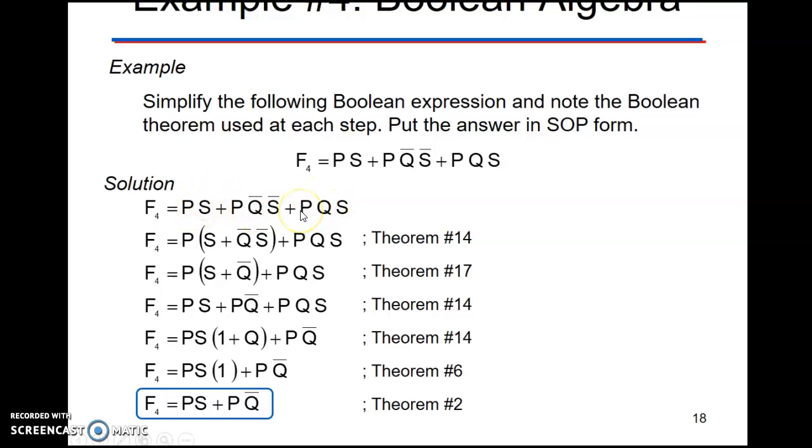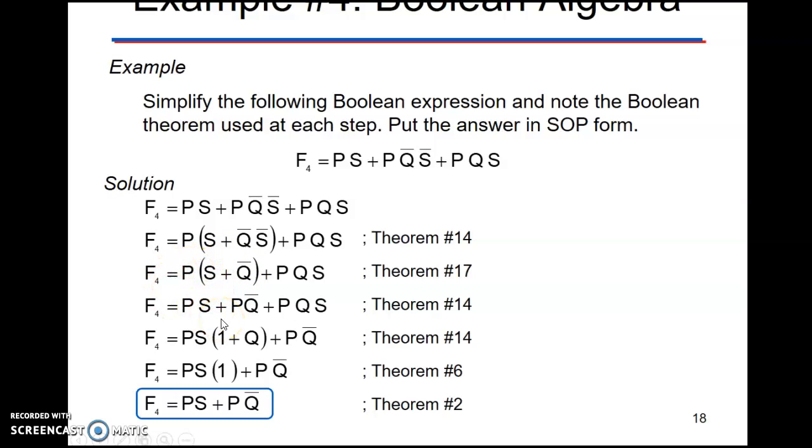The reason they did that is because if I pull out the p, it leaves me with an s or not q s. So that's very similar to what we just saw, with the q and my not s flipped, but that's okay because they mean the same thing. So what I can do is I can now drop my not s, and now I'm going to redistribute my p, redistribute my not q.